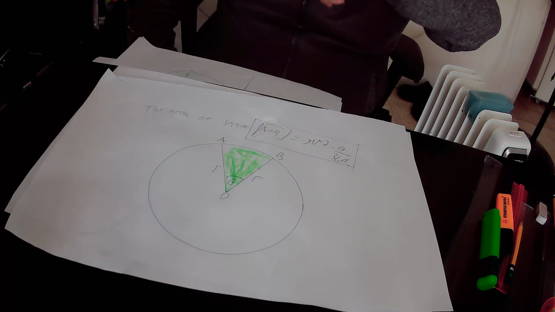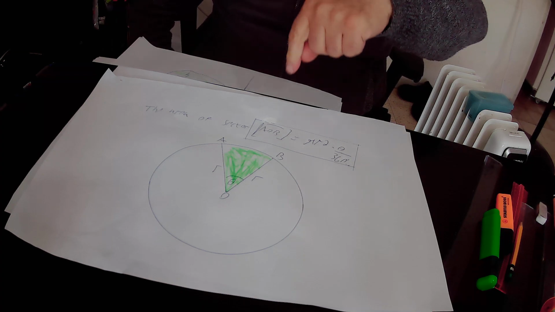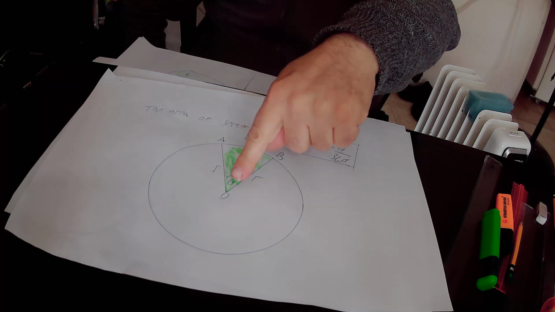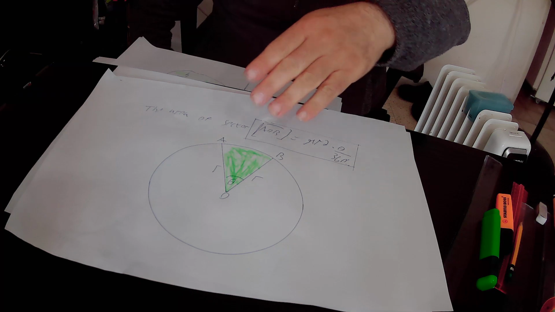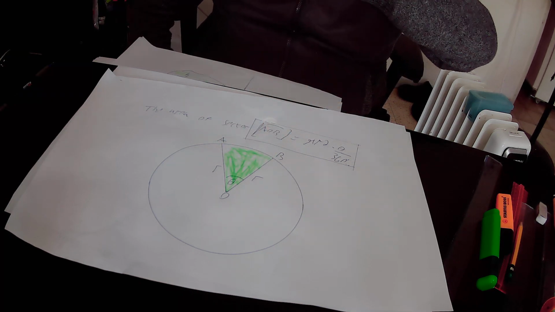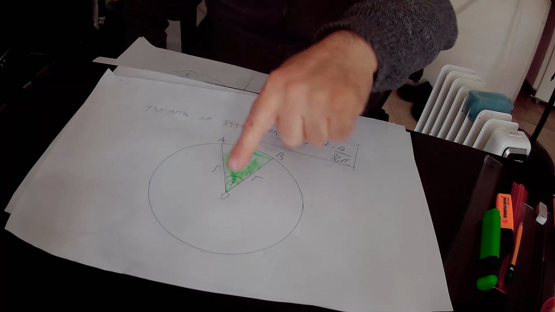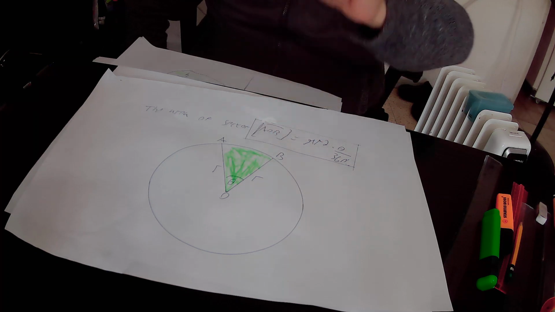The green sector AOB consists of two legs, the leg AO and the leg BO. Those two legs are both the radii of this circle, equal to R, and the angle between the legs AO and BO of the green sector is theta.